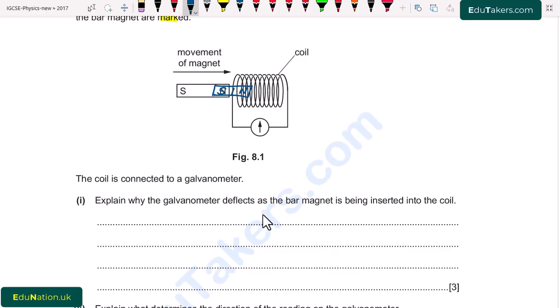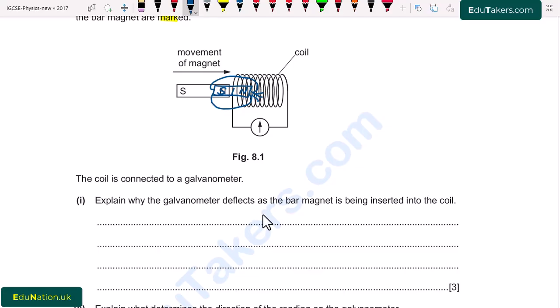So what will happen? Now we can see that the bar magnet is inside the coil. Then this magnet has some magnetic field lines that cut the coil, which means that there will be an induced magnetic field in the coil.